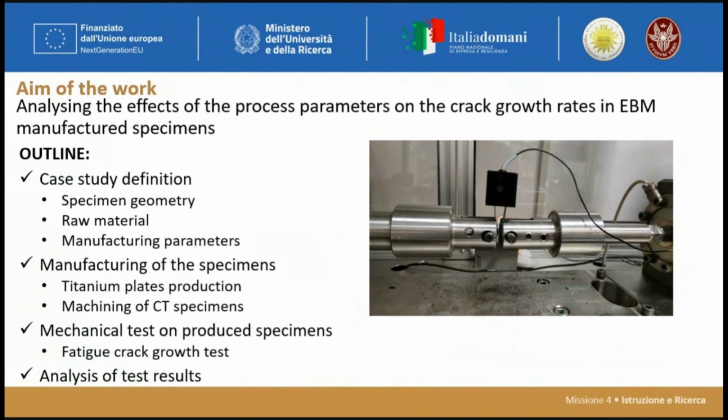Then I will present the manufacturing process of this specimen, which was produced by EBM, and the machining of the specimen itself. The plates produced by additive manufacturing were machined to obtain the final specimen. Then there is the presentation of the test layout, and finally the results.